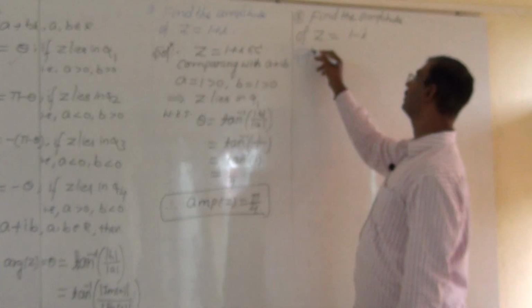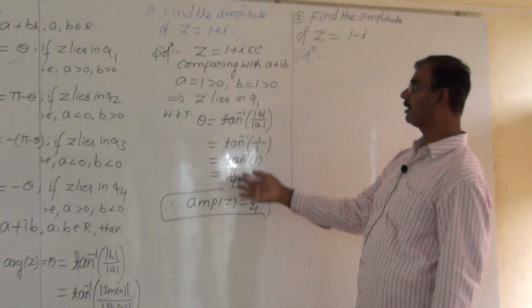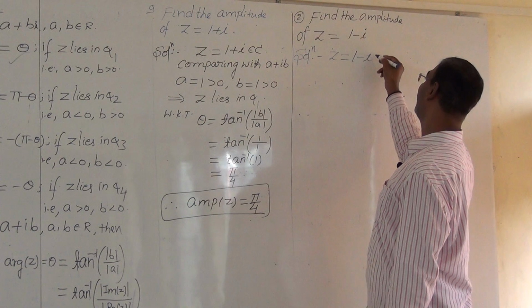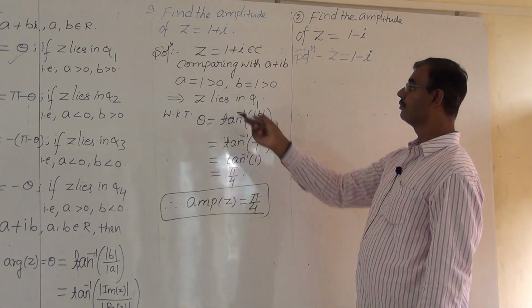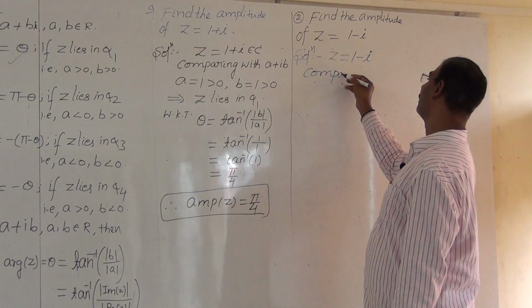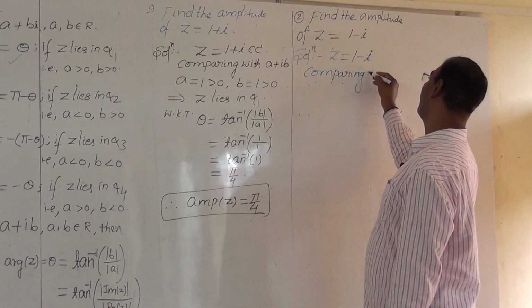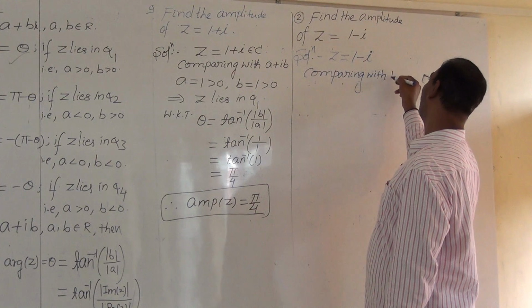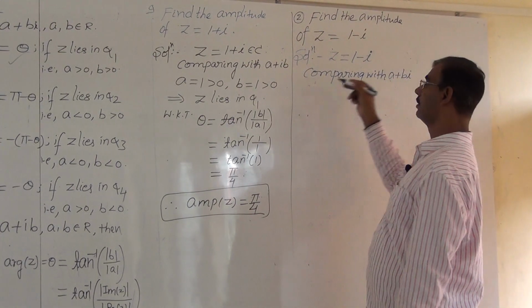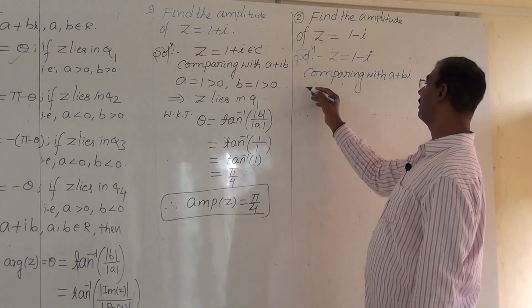Let us see. Do the procedure, follow the same working rules. Take the given complex number, 1 minus iota. Next, comparing with a plus b iota. Find A here.